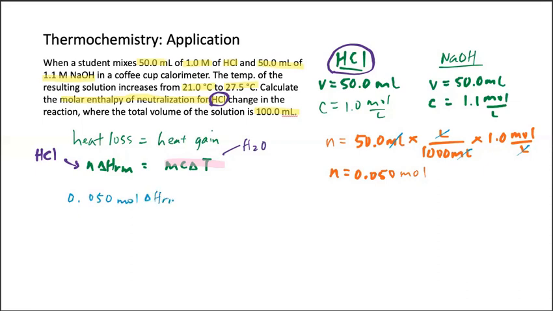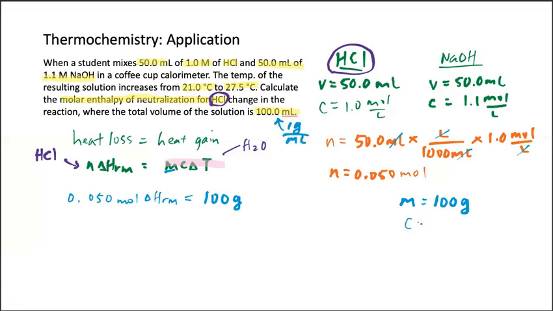n delta H_rxn equals the mass of the total volume. That would be 100 grams. How did I get that? Well, m is 100 grams, because in here we use density, 1 gram over 1 mL.